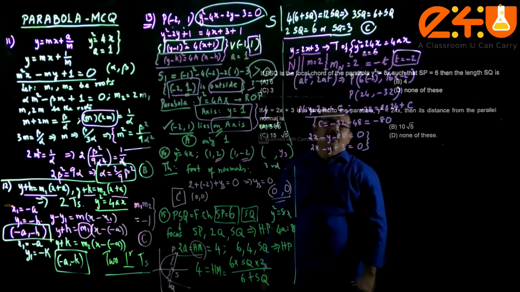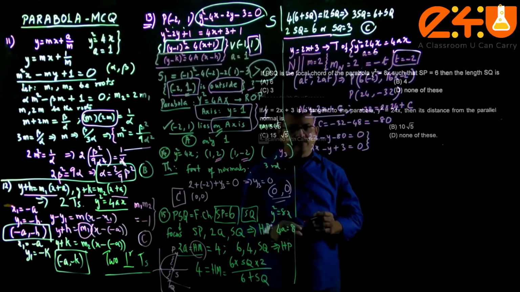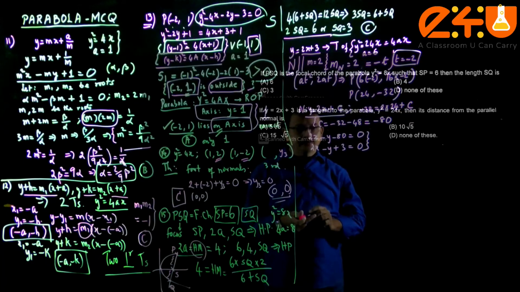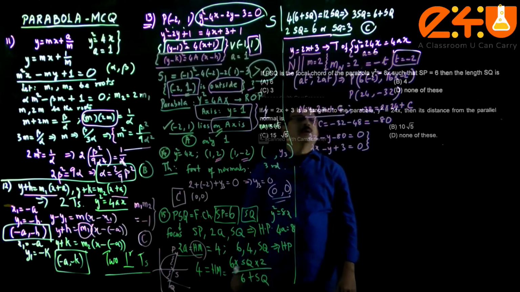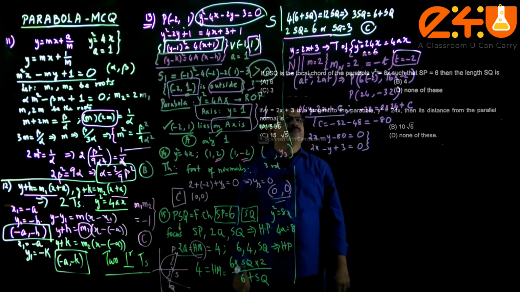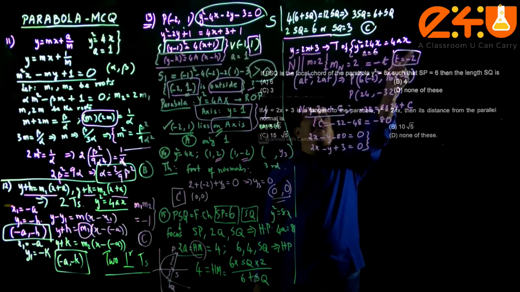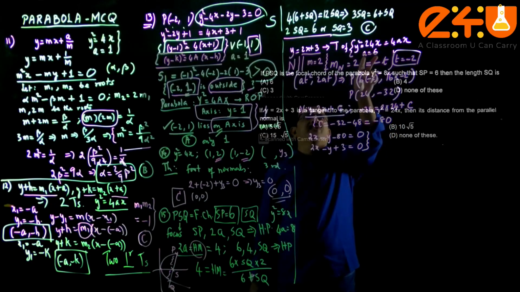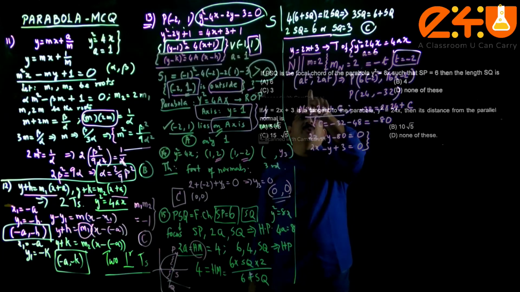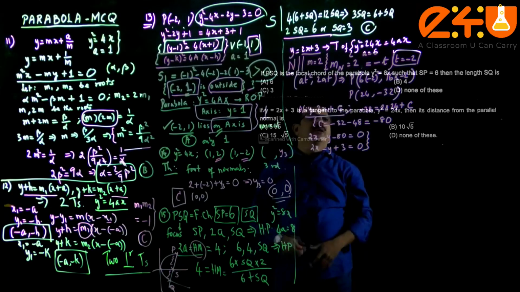Okay. Let us check once again. 4ax gives the value of a as 6, at squared and 2at.